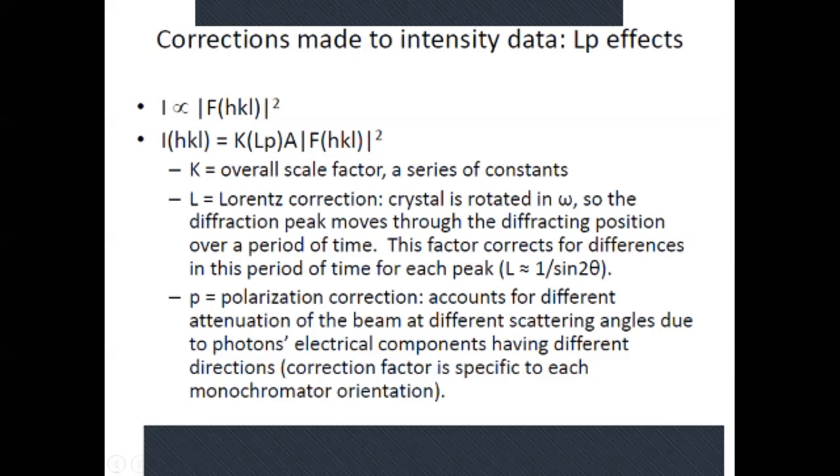It accounts for beam attenuation at different scattering angles. So these are just different corrections that are used to help determine the intensity of the HKL indices.